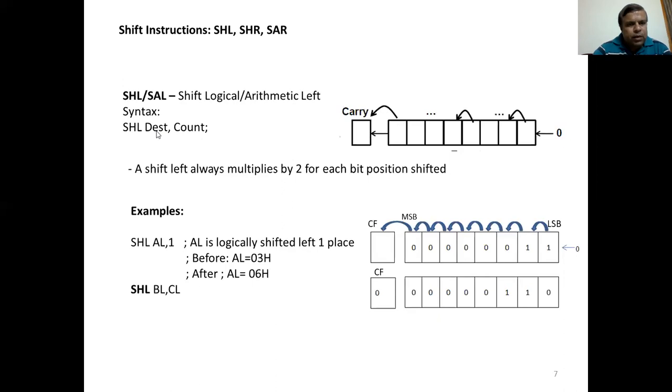As usual, the destination can be a register or memory location only, and the number of shifts is indicated by the count operand. If the number of shifts required is 1, we can put 1 in the count position. If the number of shifts required is greater than 1, then the shift count must be loaded into the CL register, and the CL register is placed in the count position of the instruction.